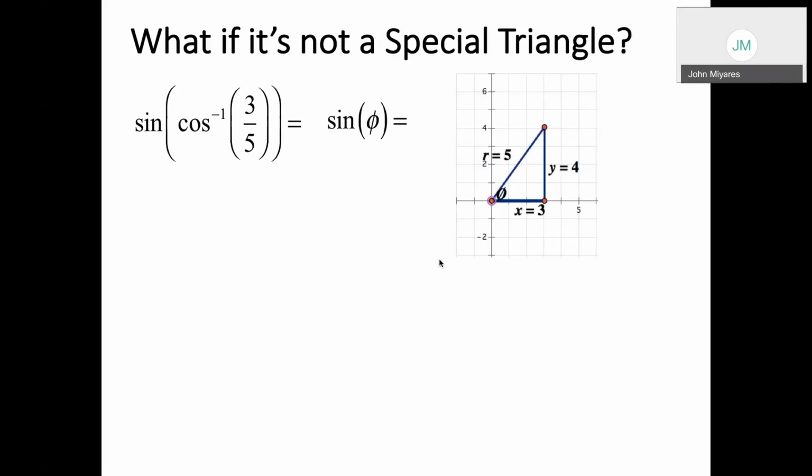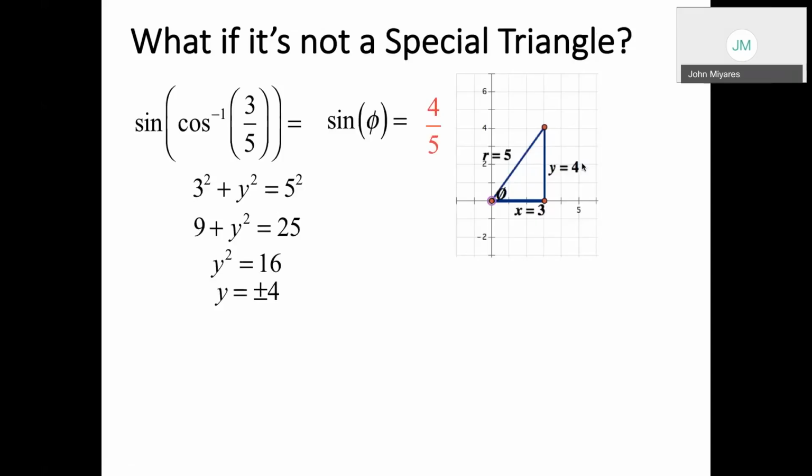The opposite side has length 4, not just because I labeled it up here, but it can be very quickly verified by using the Pythagorean theorem that the y value has to equal 4. Assuming that we're in quadrant 1, I don't need to worry about the positive or negative sign either. So the sine of angle phi, opposite over hypotenuse, is going to be 4/5.